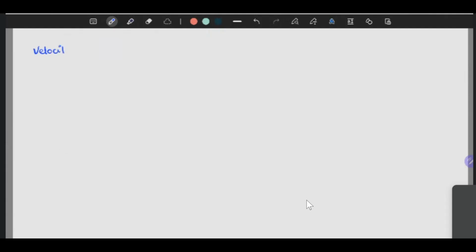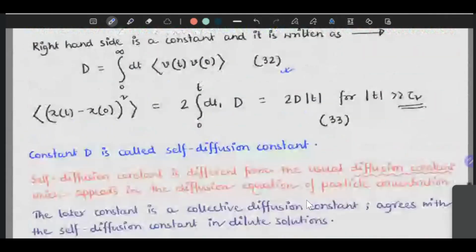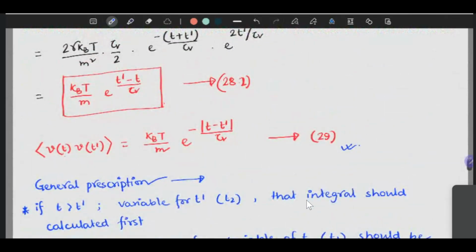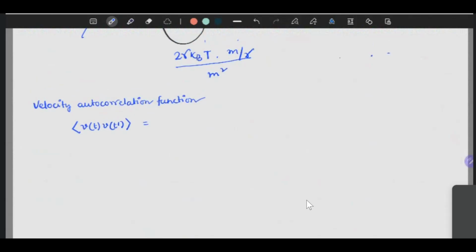The velocity autocorrelation function <v(t)v(t')> was assumed to be k_B T by m e to the power minus mod of t minus t' by tau_v.